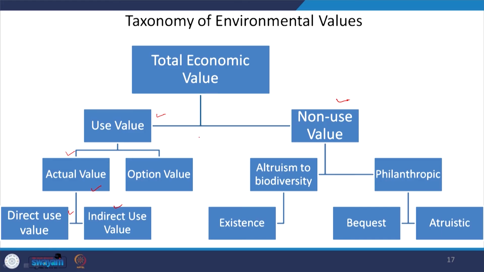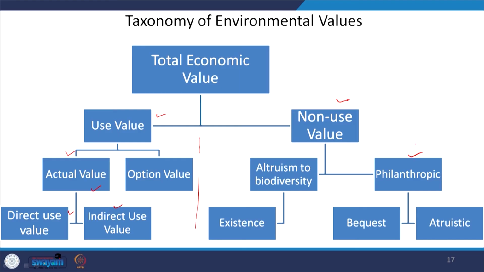So, this is the first categorization of use values, and if you look at the second segment of economic value, that is the non-use value, here it is again divided into two parts. Altruism toward the biodiversity: that is how you have an altruistic motive for preserving the biodiversity, and how you are philanthropic toward others, that let the biodiversity be preserved for others.